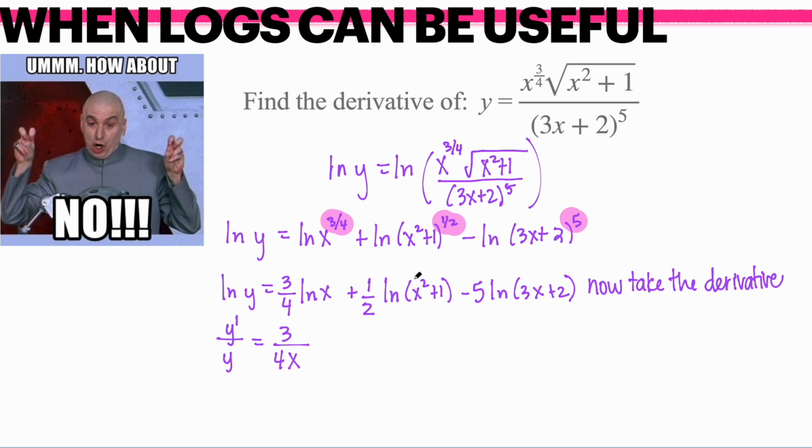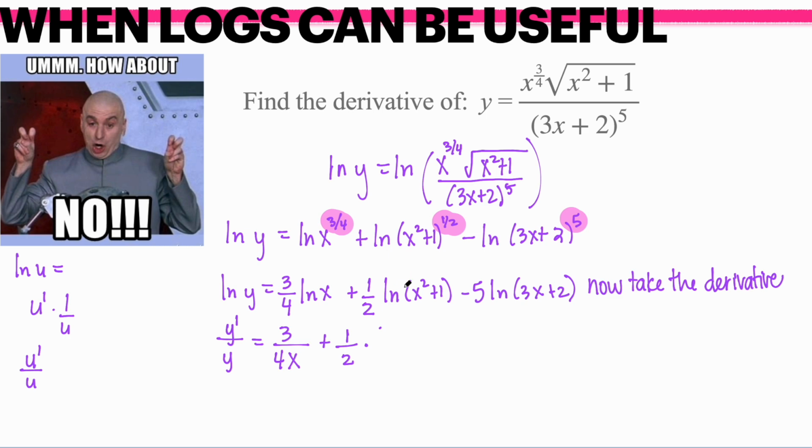This one you're going to have to do the chain rule. So it is going to be 1/2 times the, let's see, what is it again? Natural log of u is going to be u prime times 1 over u, or u prime divided by u.